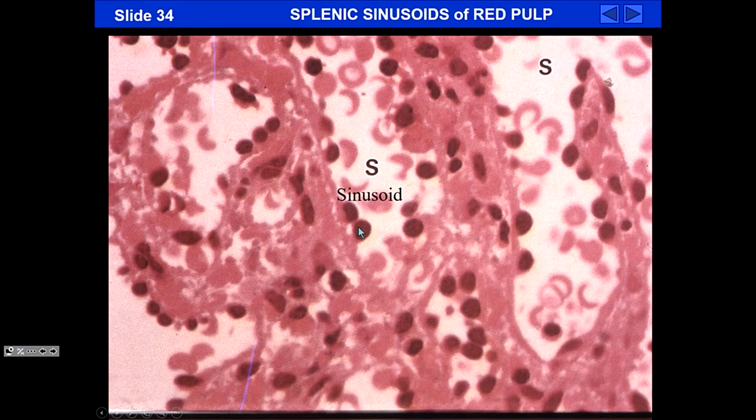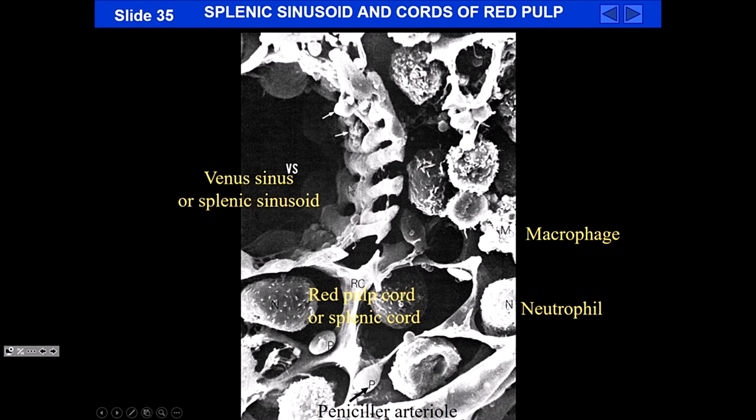So these are macrophages that are hanging out, waiting for any red blood cells to come along that show signs of aging, okay? So then here's our sinusoid. Here are the slits between the adjacent endothelial cells. Here we have some macrophages looking for aged red blood cells so that they can capture them and phagocytose them. Any questions?